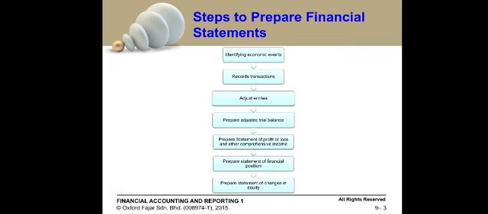When you identify the economic events, you have to analyze the events or the business transaction. You have to know the type of the transaction, the amount related to the transaction, and then after that you have to do, according to this slide, the recording process, records transactions.